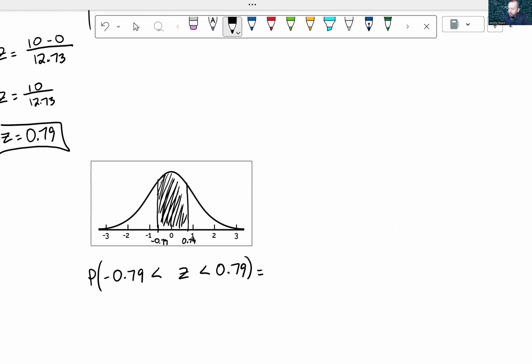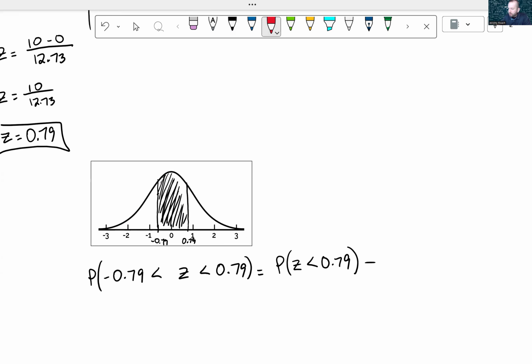It's going to be equal to the probability that z is less than 0.79, which would be all of this. And then we're going to subtract out all of this part.